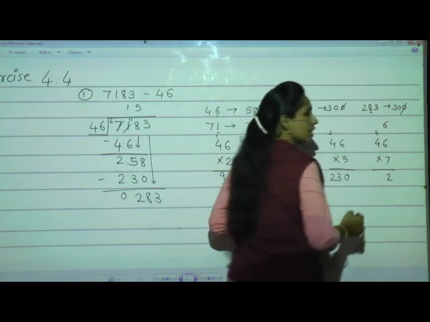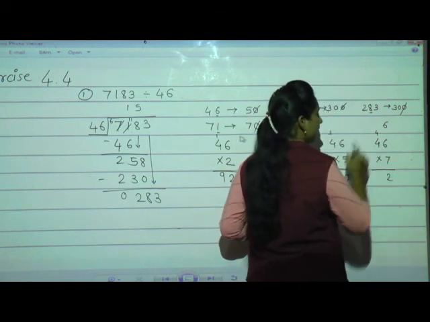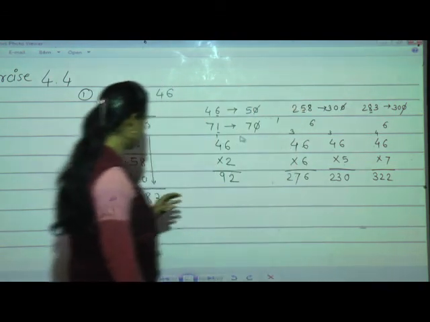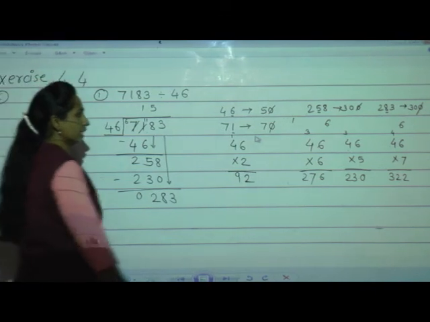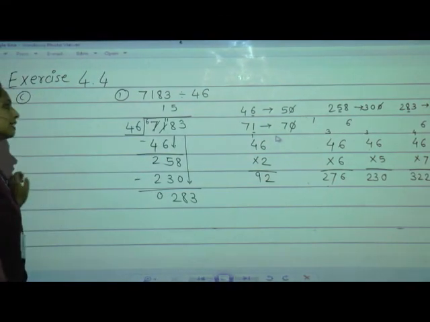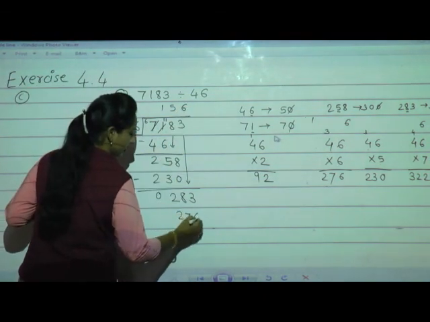Okay, 7 4s are 28. 28 plus 4, 32. Now will 322 go from 283? No. So what is the correct quotient? It is 6. 46 how many times? 6 times. 6 times 46 is 276.